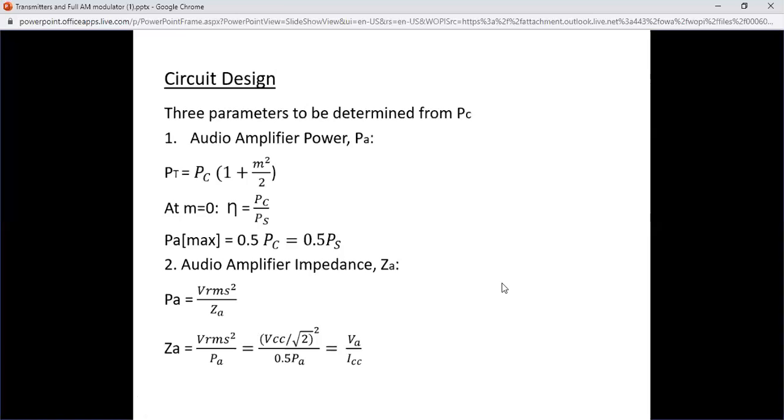ZA has to be conjugate with Z out, or the output impedance. Therefore, at the maximum power, where m is equal to 1, the audio amplifier impedance will be equal to VRMS squared over the audio amplifier power, which results in VA over ICC.